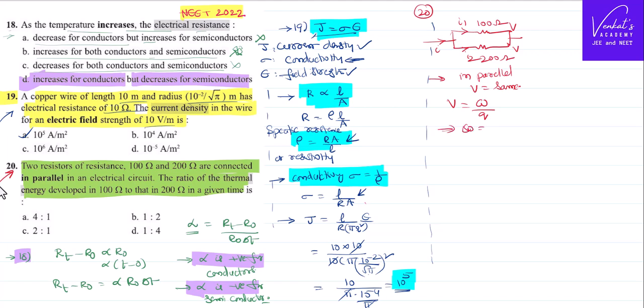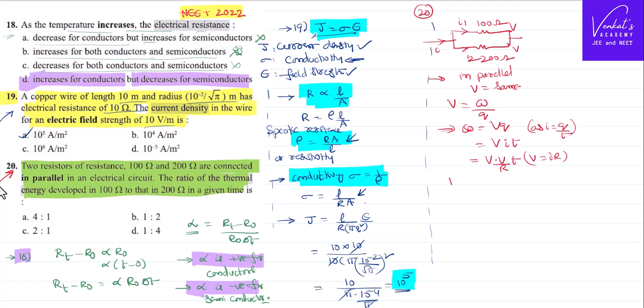That implies work done equals VQ. Q can be written as IT, based on the definition of current as the rate of flow of charge. I can be written as V by R using Ohm's law, V equals IR.